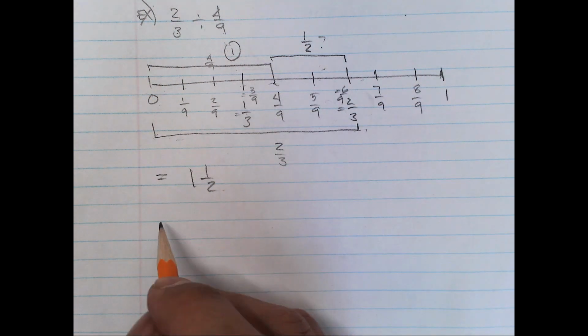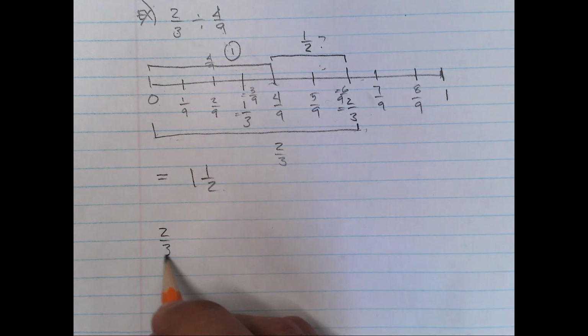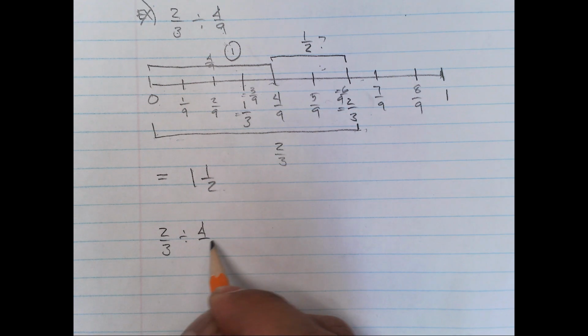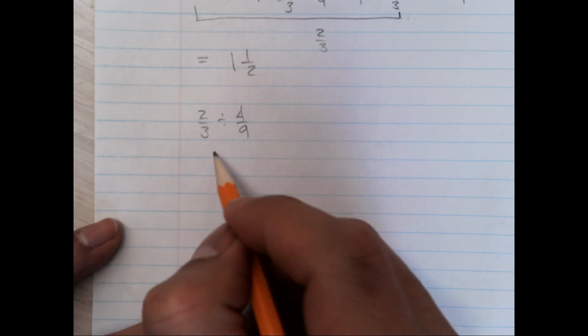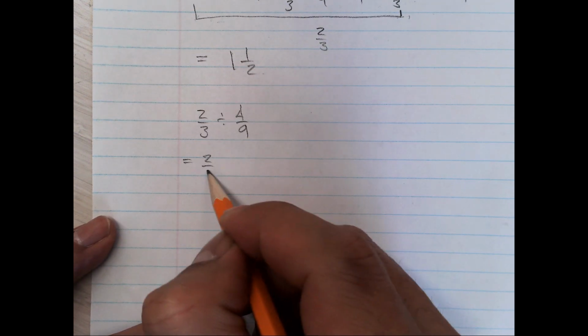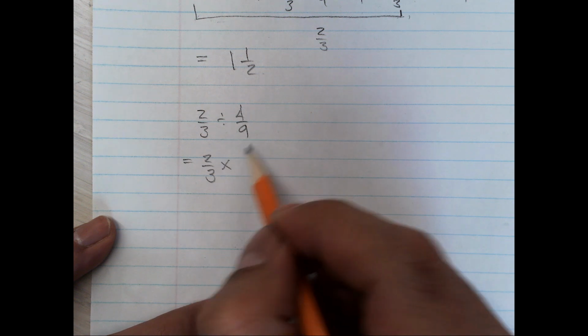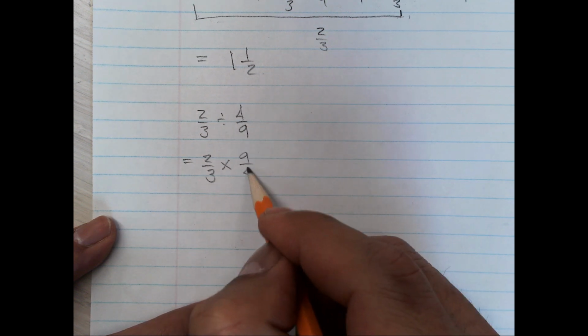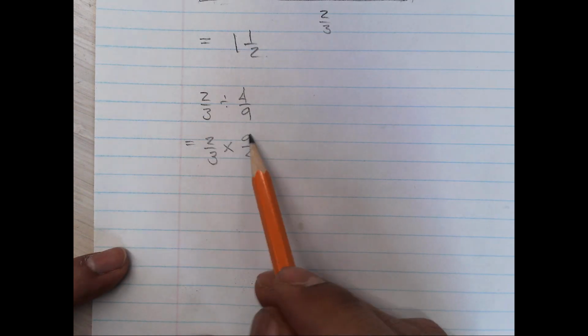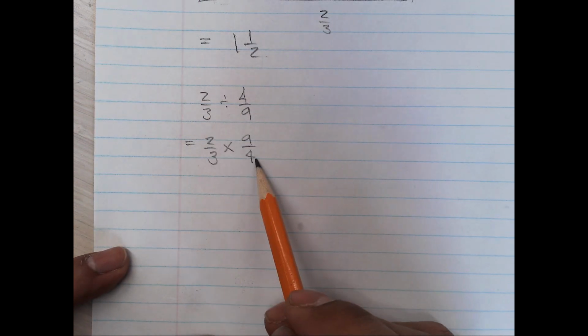So now let's check our answer to see if it's correct by doing the algorithm and the math. We should get 1.5 as our answer. Multiplied by the reciprocal, 9/4. I could see that I can actually reduce these fractions, the diagonal numerator and denominators, 2 and 4.